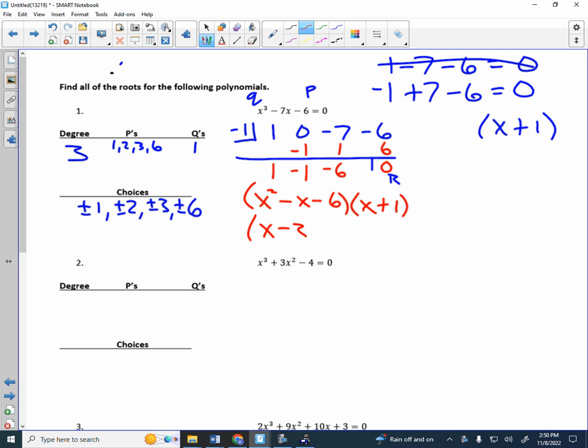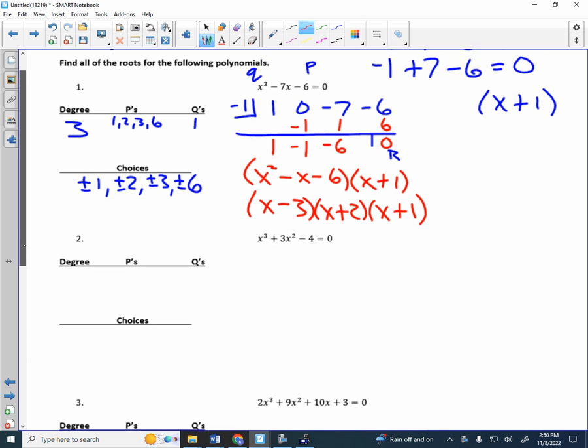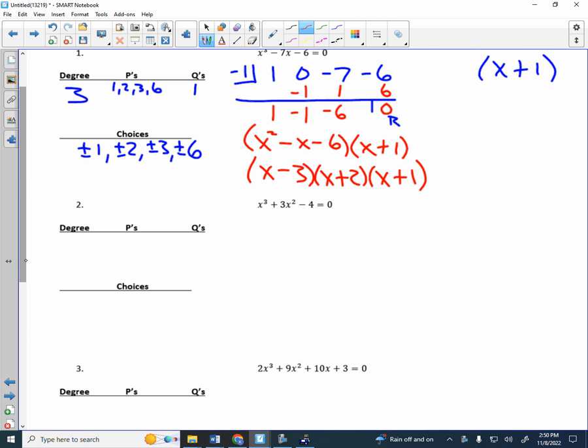Minus 3 and plus 2. Interesting. Oh, so that gives the other solutions. So what are my solutions? Negative 1, 3, and negative 2. Look at that. And is it the case that 3, negative 1, negative 2 are my choices? Yeah.